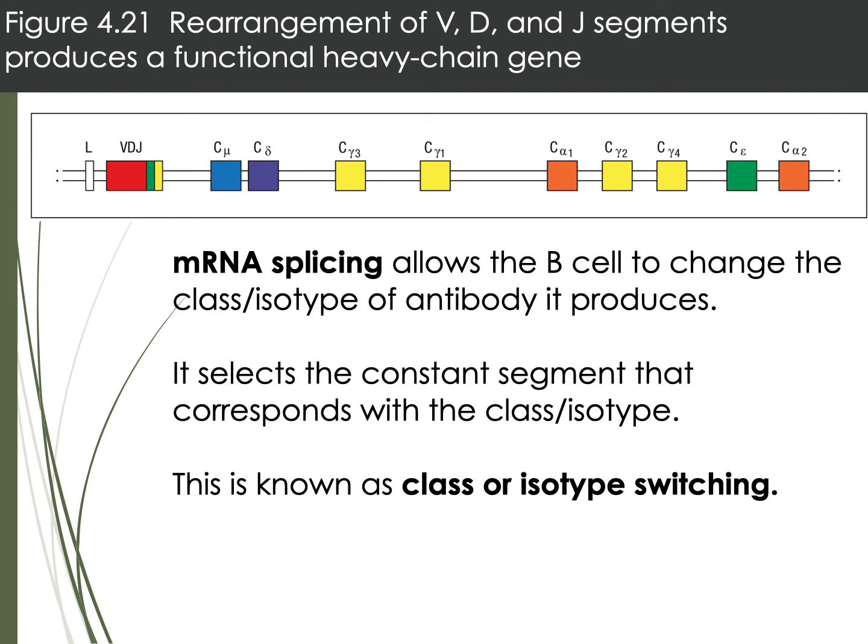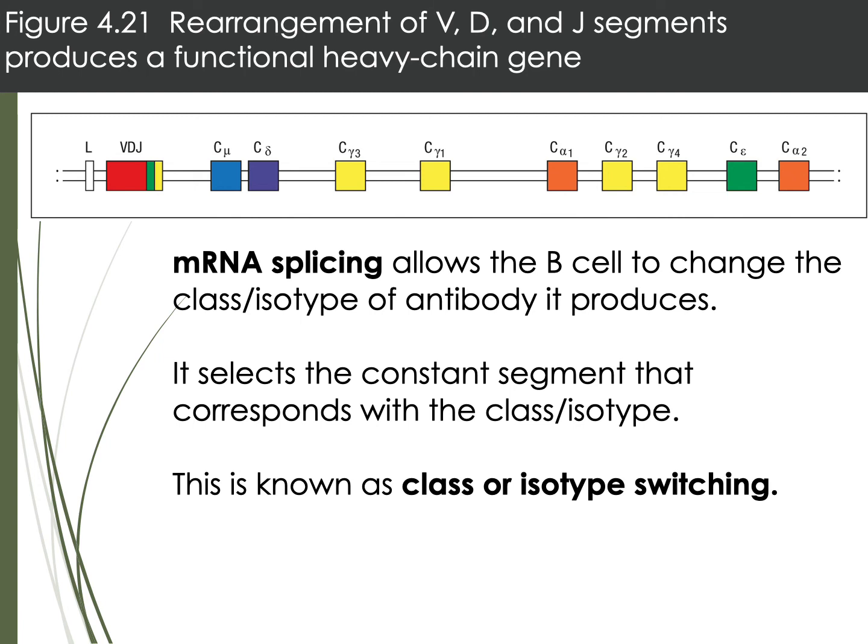Another process it can undergo is mRNA splicing, and this is where the constant region gets selected. Depending upon the signals that the B cell is getting at various points after it has been activated, it can select for a class or isotype of antibody that is best suited for what it's dealing with.